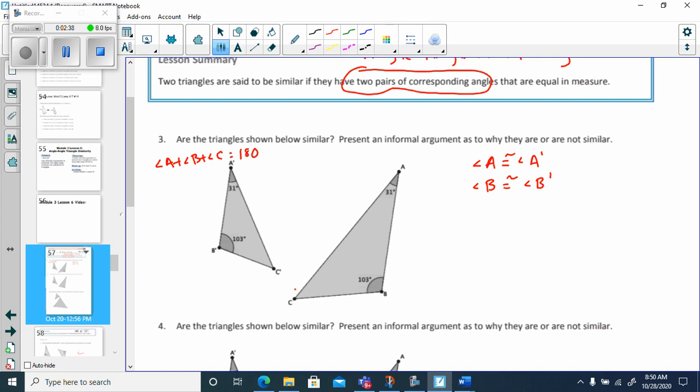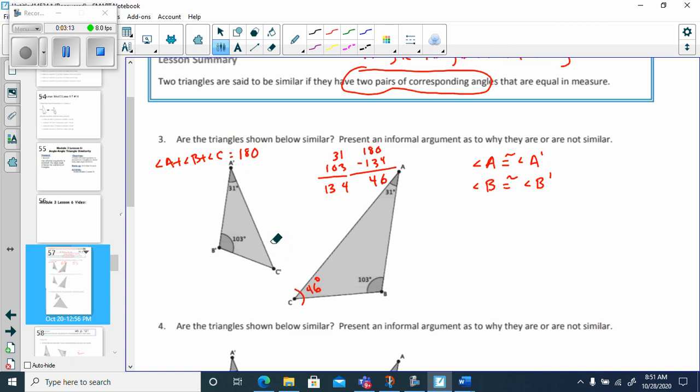So let's find angle C. If those three add up to 180, I can add up these two angles, 31 and 103, and I get 134. But the three angles add up to 180. I've added these up. Let's subtract this from 180. 180 minus 134 would give me, and do this in your calculator so you don't make any mistakes, you would wind up with 46, right? This angle here is 46 degrees.